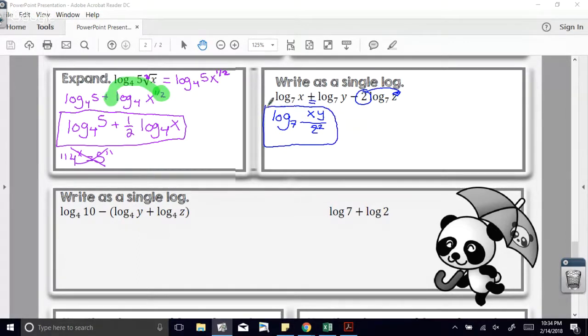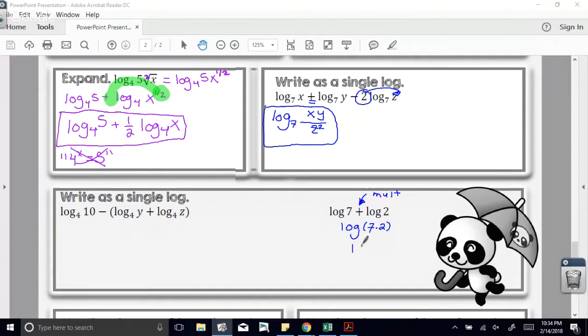And that problem is now complete. Okay, similarly, I'll work this one first because it's a little bit less complicated. All I need y'all to get from this is we said to merge addition, you are going to multiply. So log of 7 plus log of 2 is really the log of 7 times 2.